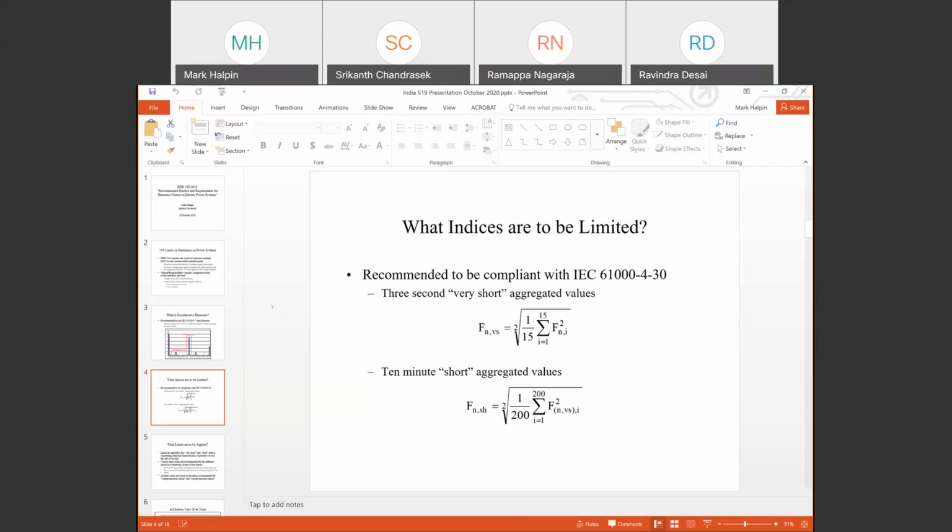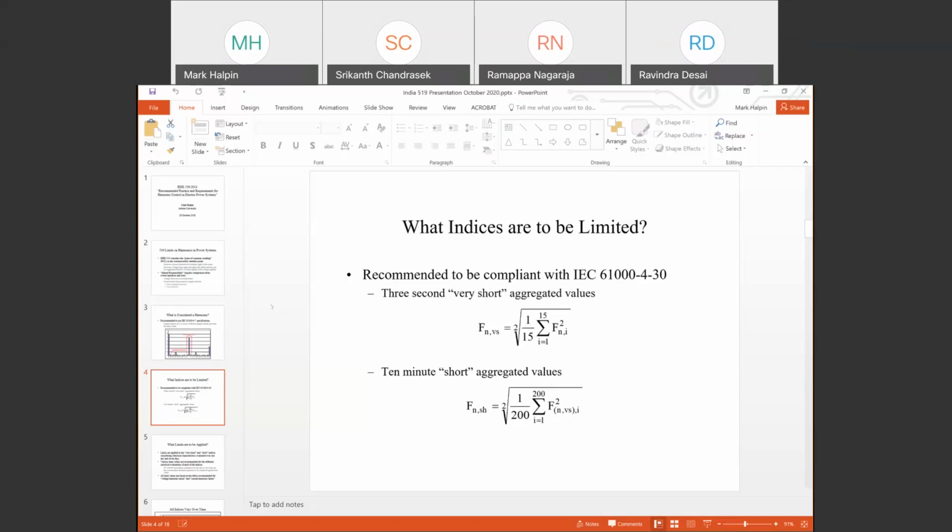And what we recommend in 519 is 2 indices, what we call a very short aggregated value and a short aggregated value. In effect, the very short index that we use for harmonics represents a 3-second average. The so-called short index represents a 10-minute average.